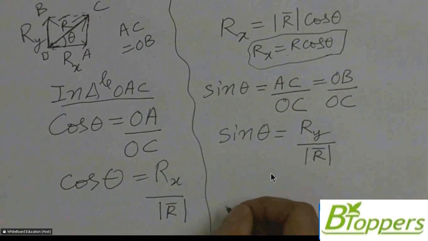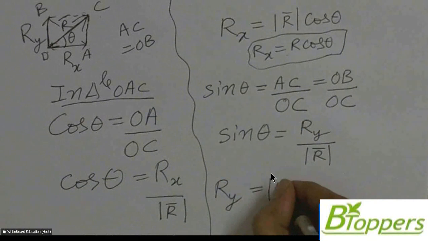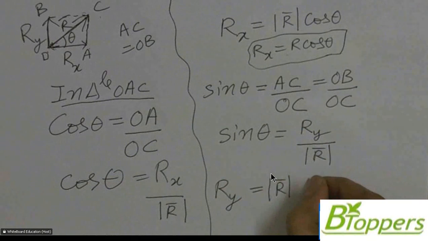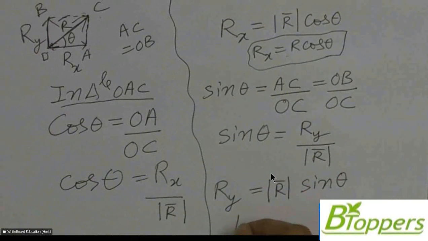So ry can be written as modulus of vector r bar into sin theta. So ry can be written as r sin theta.